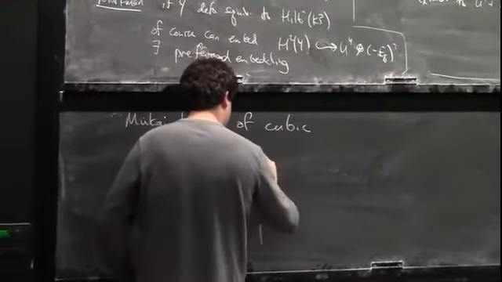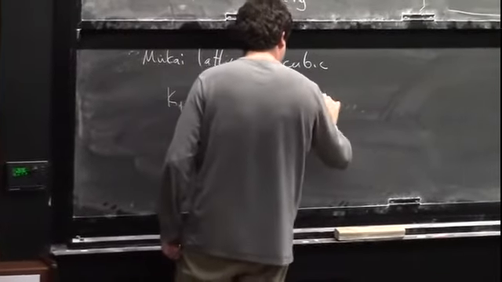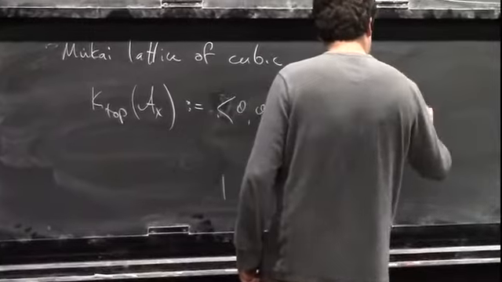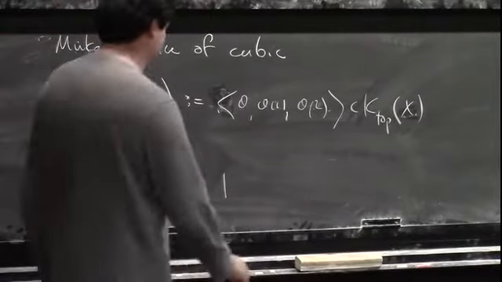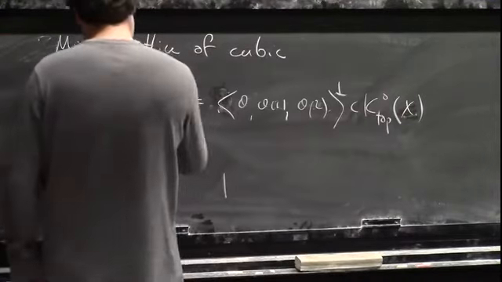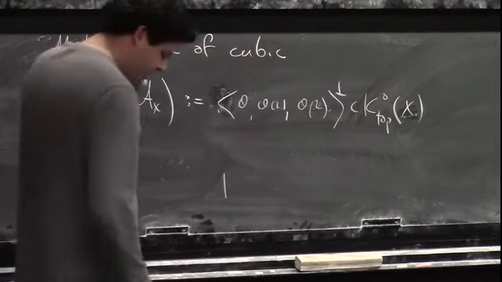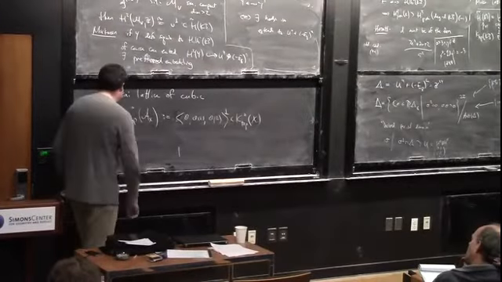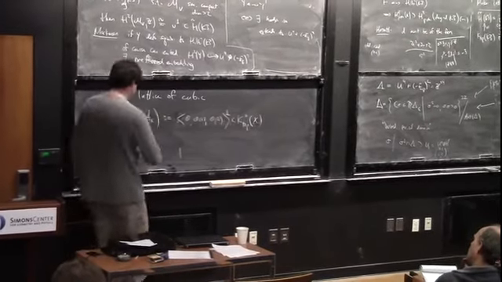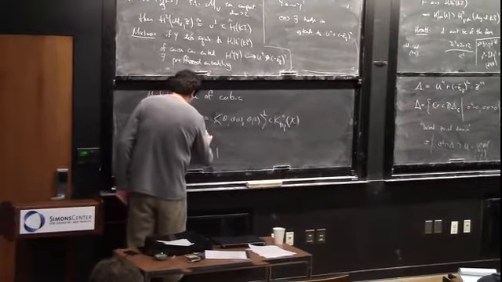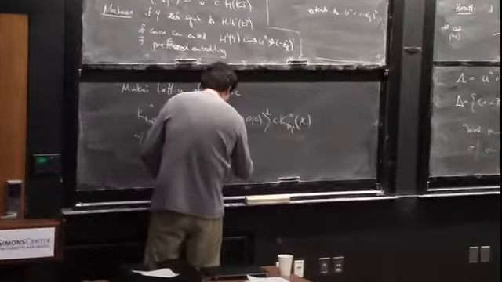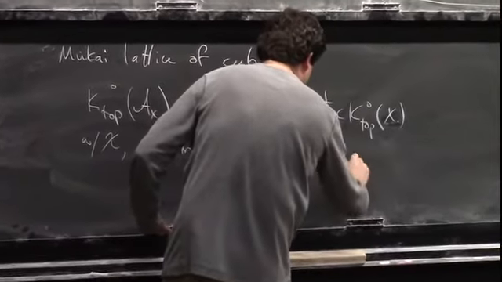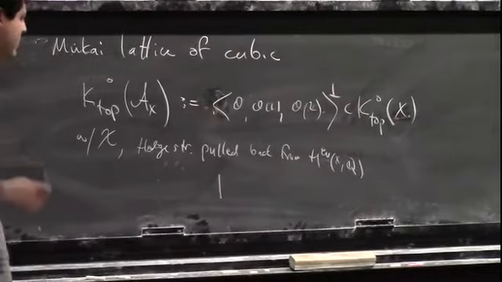And I define it to be the orthogonal to O1 and O2 in K top of the cubic, with the Euler pairing and with the Hodge structure pulled back from the even cohomology of X, Q. Because of course when you tensor this with Q, you get good old cohomology.